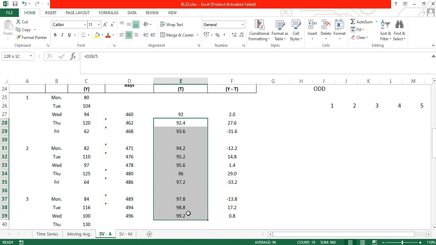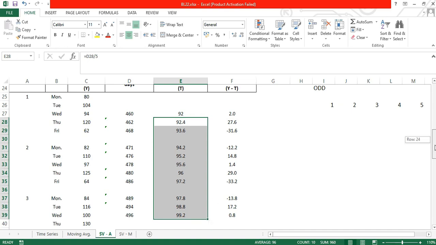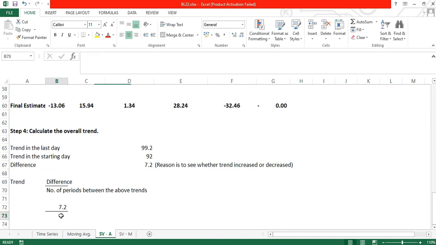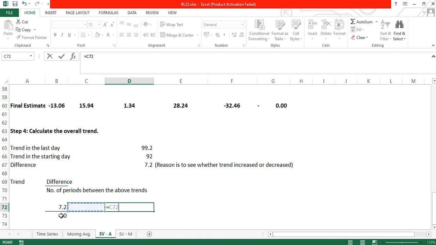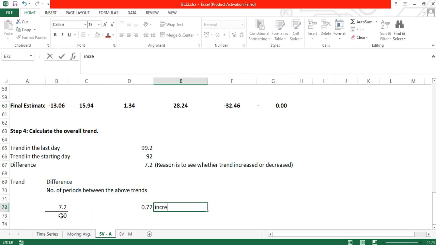So it is basically 10 periods. Then the 7.2 difference divided by 10 periods will give us a trend increase of 0.72 per day.